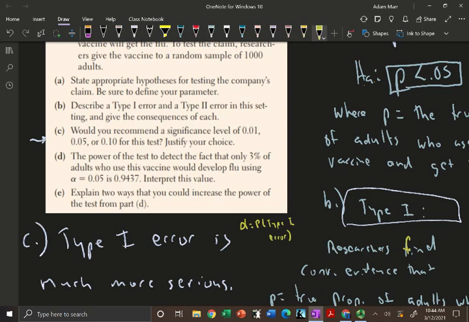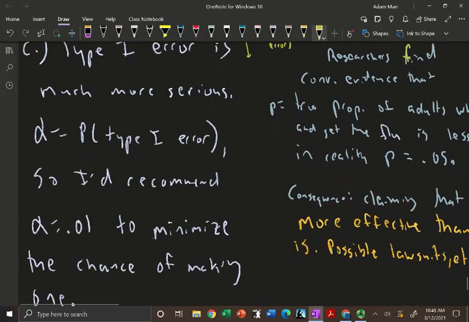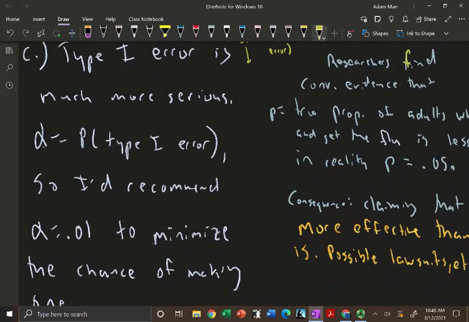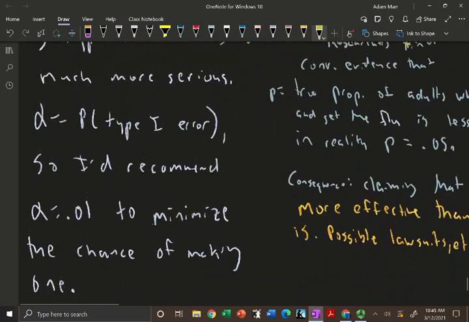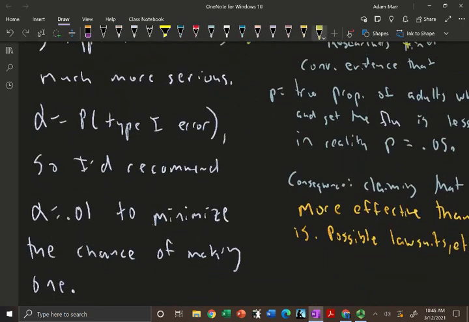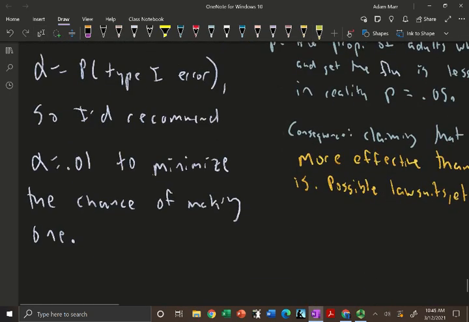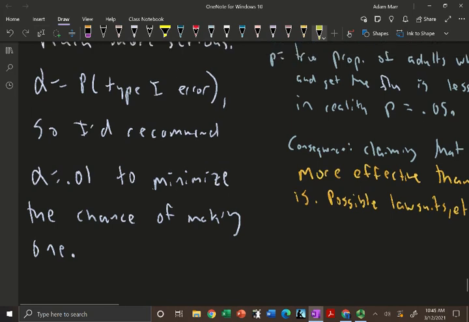So if I lower that alpha, then it's going to be less likely for a type 1 error. Since a type 1 error is much more serious, and alpha equals the probability of a type 1 error, I'd recommend alpha equals 0.01, right? They gave us an option of 0.01, 0.05, or 0.10. I'd recommend alpha equals 0.01 to minimize the chance of making a type 1 error.